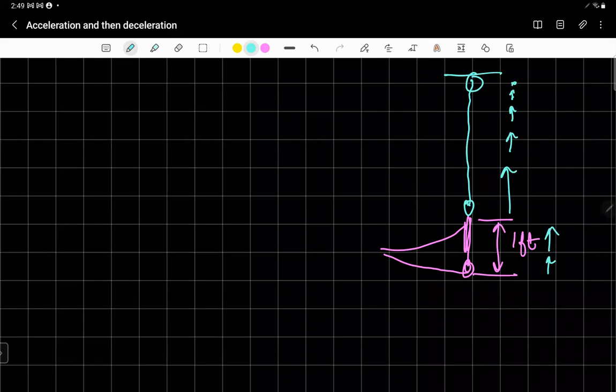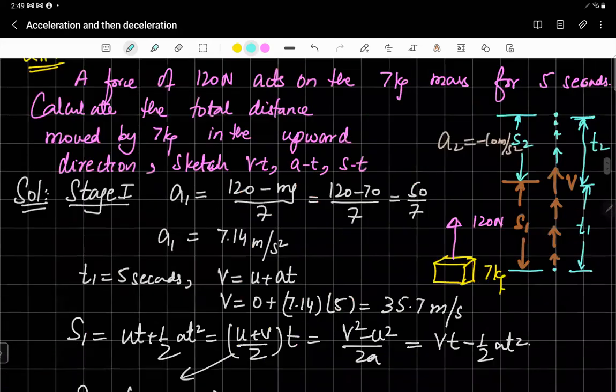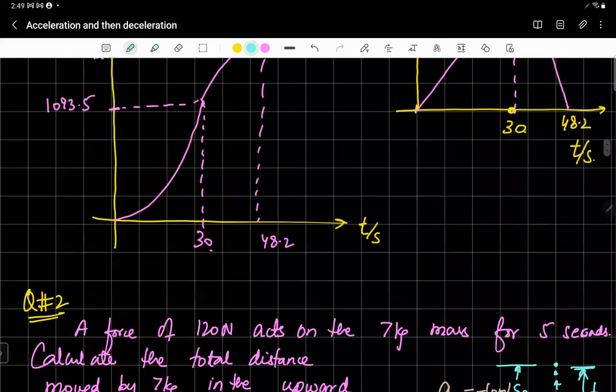So anything thrown up has motion in two stages. In the first stage, it is given some velocity by an upward force greater than its weight. Then when that force finishes, the body moves up some distance, and this motion is called motion due to inertia. Yumna, do you understand it? Yes. Okay.